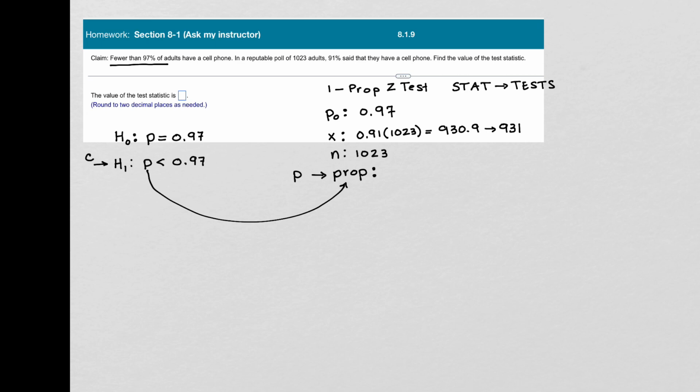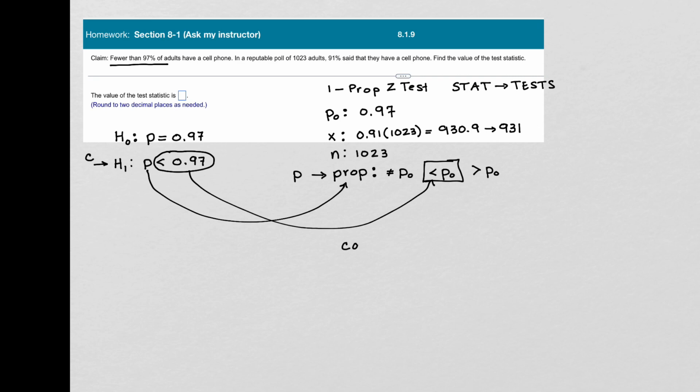And we can choose not equal to P0, less than P0, or greater than P0. And because P0 is the 0.97, we want to choose less than. And then you can choose calculate or draw.